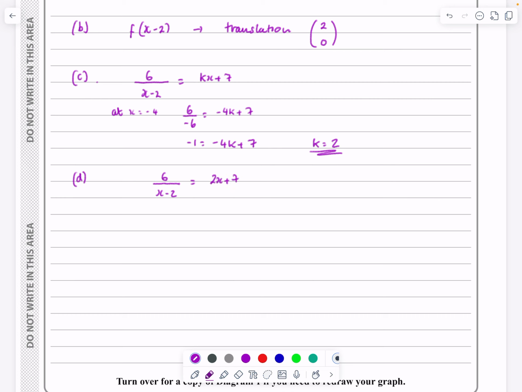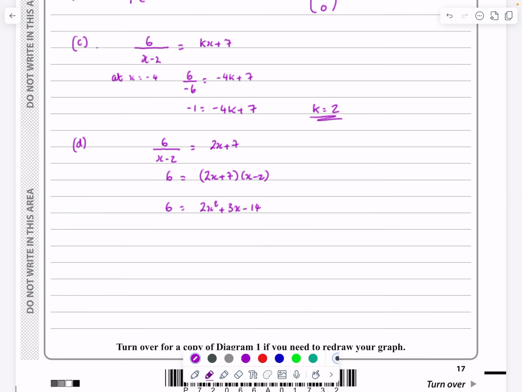That's going to turn into a quadratic: 2x plus 7 times x minus 2. Multiply everything out, we get 6 equals 2x squared plus 3x minus 14. Turn that into a quadratic equaling 0: 2x squared plus 3x minus 20 equals 0.